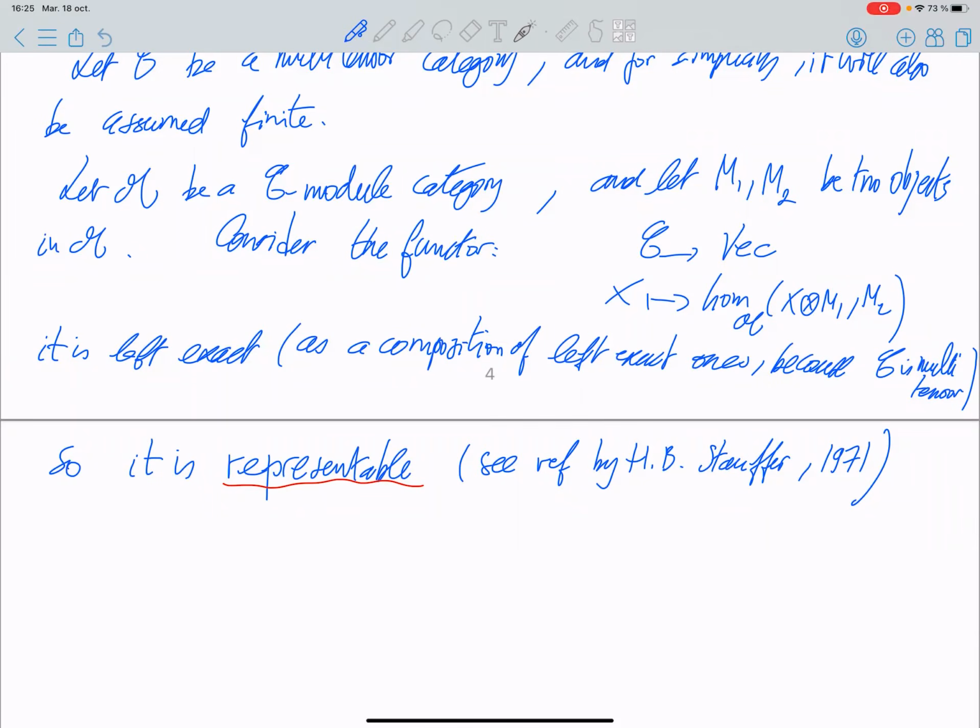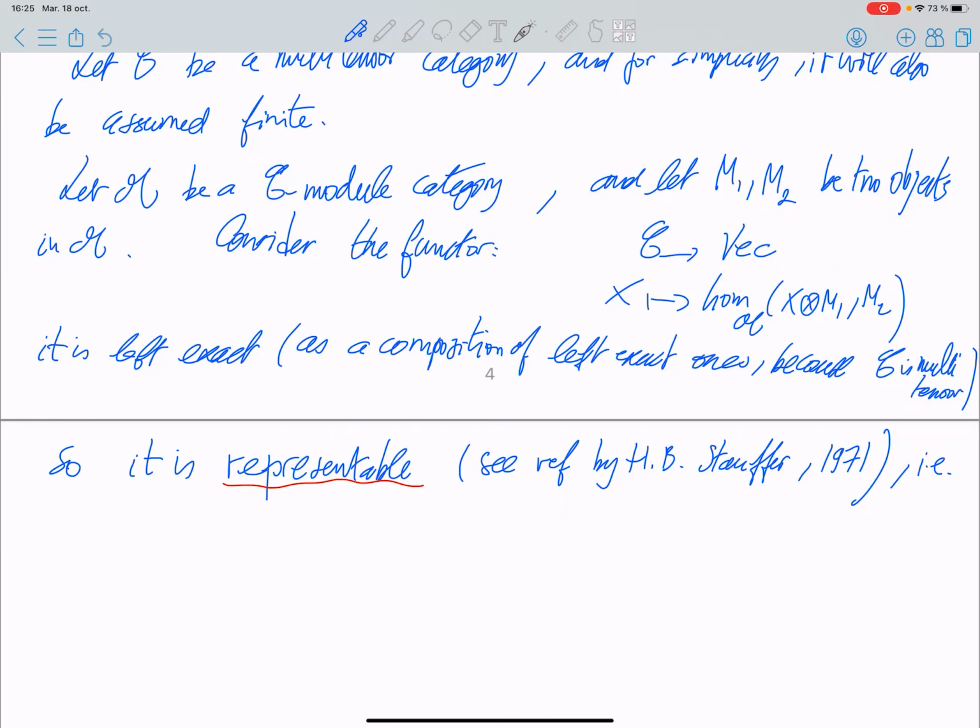And here, because it is finite, it can be represented by an object directly in the category. In general, if you don't assume finiteness, the object should be an inductive limit. But we don't go into the details here.